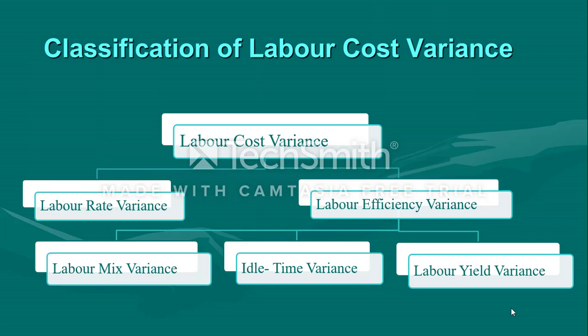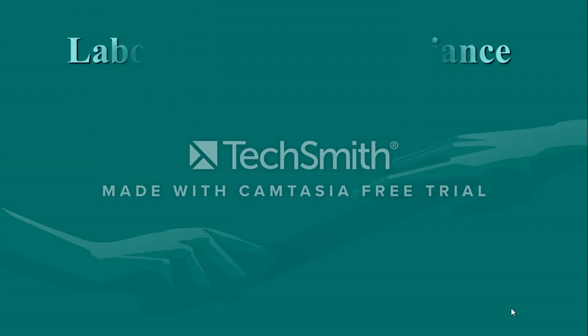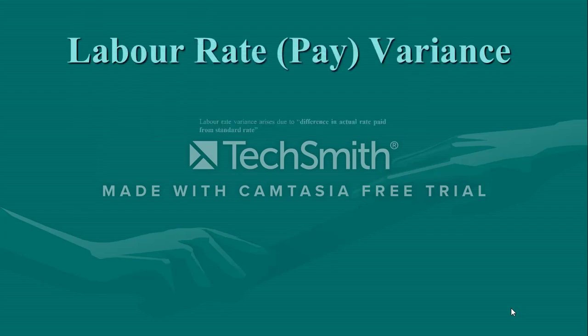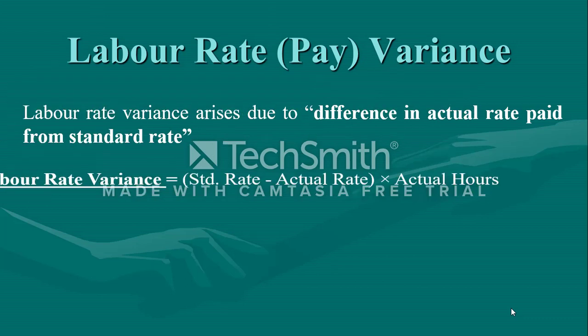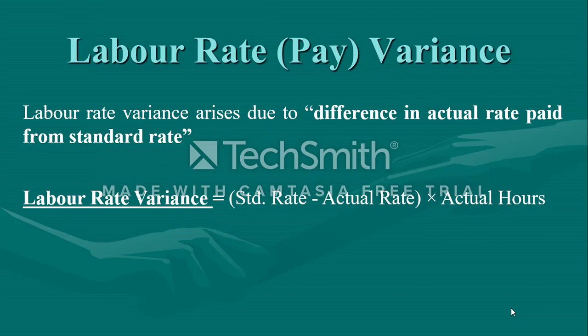Let us discuss one by one. The first one is labor rate variance. Labor rate variance arises due to the difference between the actual rate paid and the standard rate. The formula for calculation of labor rate variance is standard rate minus actual rate into actual hours.